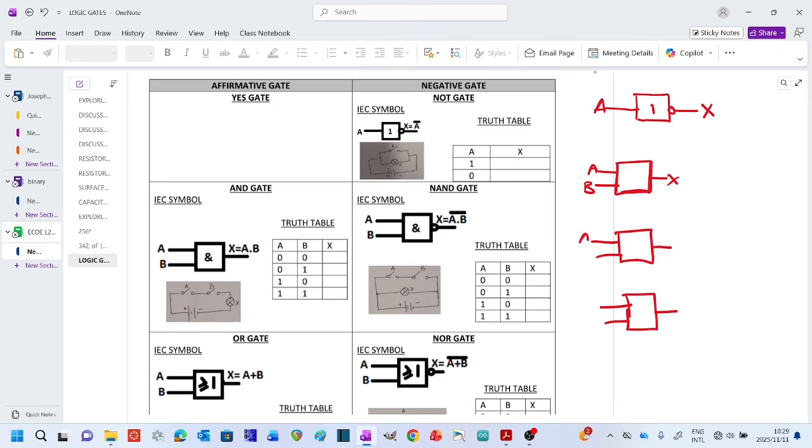It's no problem, you can choose any labeling, but A, B, and output X has been the standard.